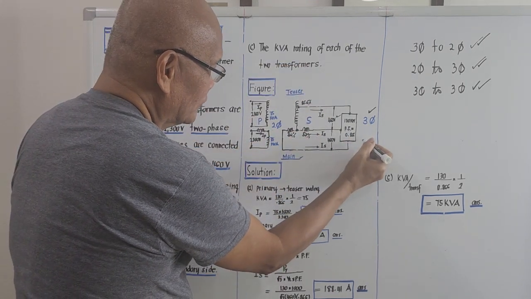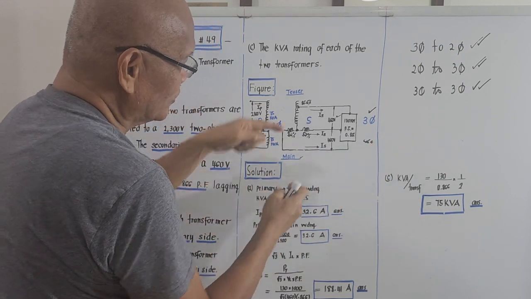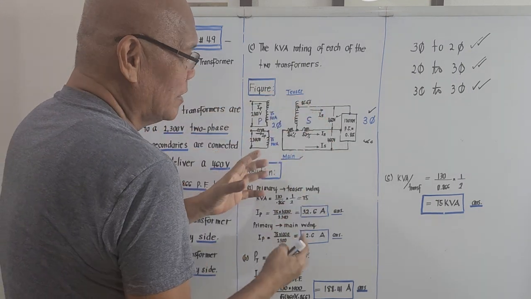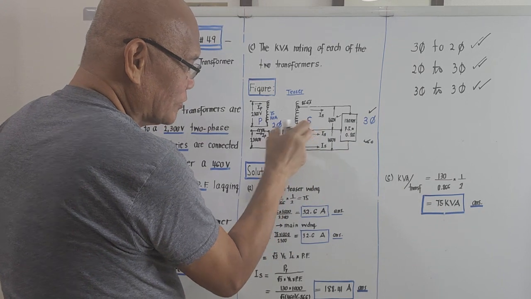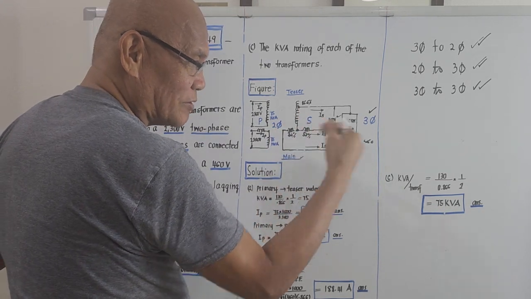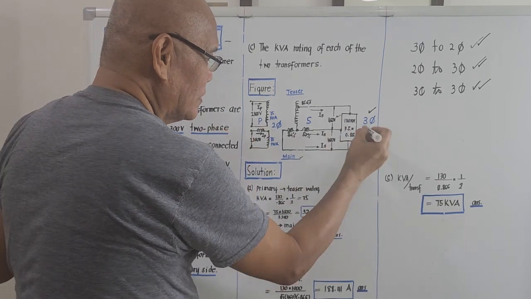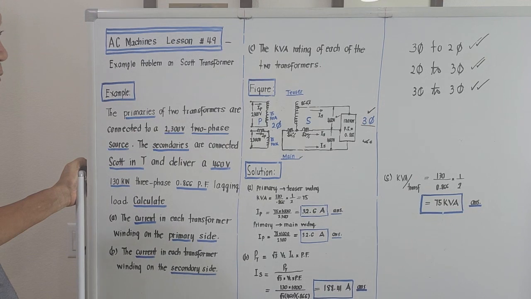The third one is also 460. If we measure the voltage across this, it will still be 460. So if the connection on the secondary side is a letter T, that's why it is called a T connection, it is considered three-phase. It's balanced.